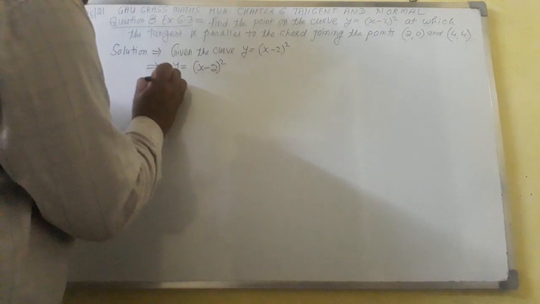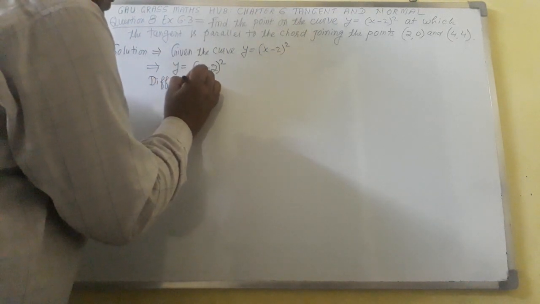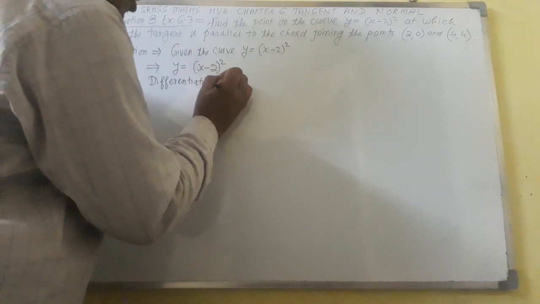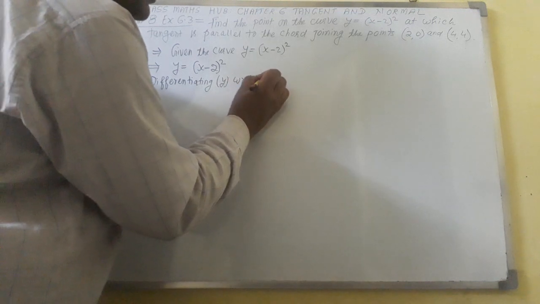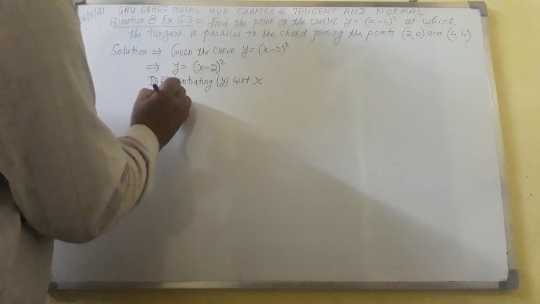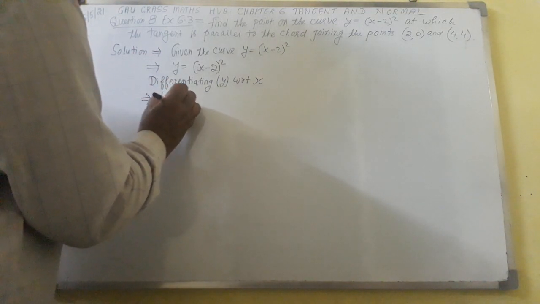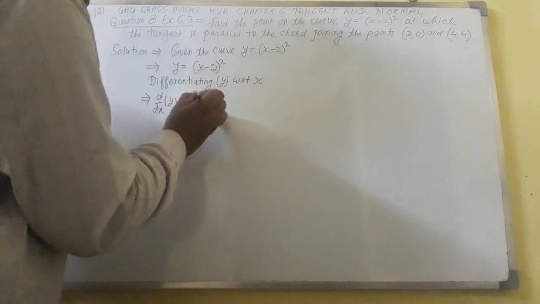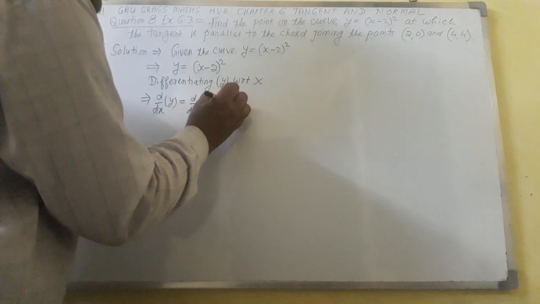Here I shall write, differentiating y with respect to x, I shall get d over dx of y equal to d over dx of (x minus 2) whole square.